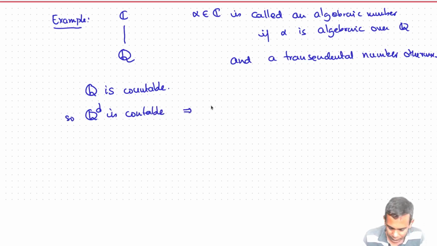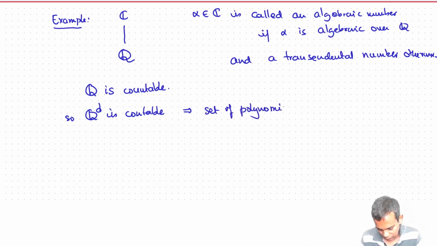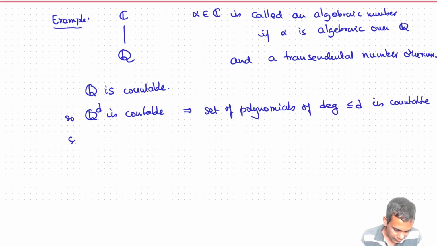Which means that polynomials of degree D, they have D coefficients, each coming from Q. So the set of polynomials of degree less than or equal to D is countable. Which means that the set of all polynomials with rational coefficients is countable, because a countable union of countable sets is again countable.